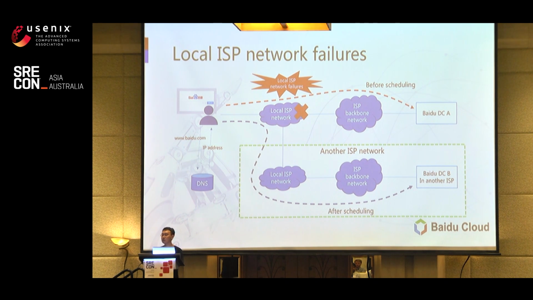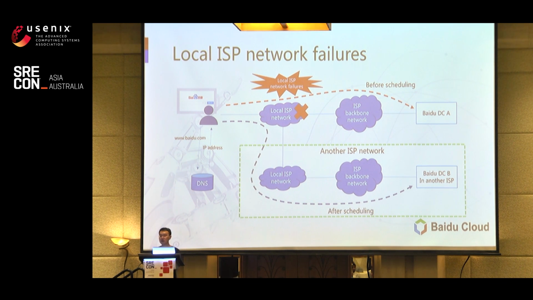The third type is the local ISP network failure on the user side. In this case, the link between the local network of a province and the ISP backbone network has some failures. Users from the province and ISP cannot access Baidu's data center in the same ISP. For example, the failures of the network of China Unicom's Beijing local ISP will cause its users to lose access to Baidu's data center in China Unicom.